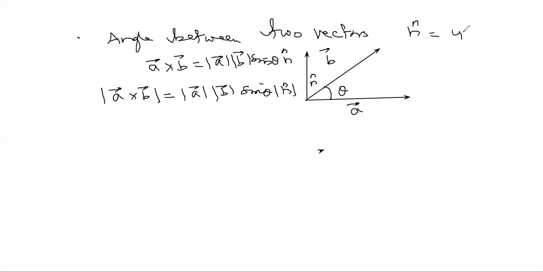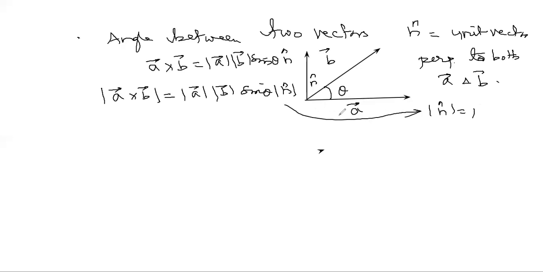So this is called a unit vector, perpendicular to both vectors A and B. Therefore, as it is a unit vector, its magnitude will be 1.